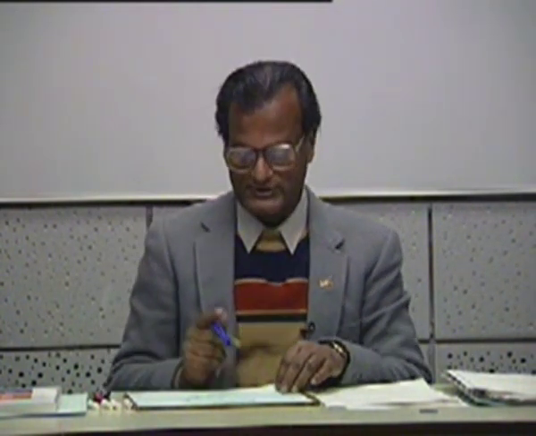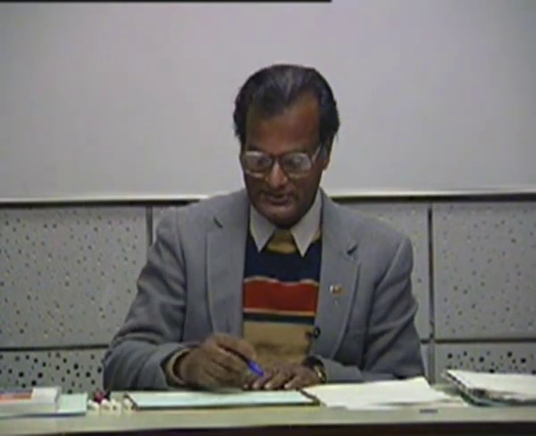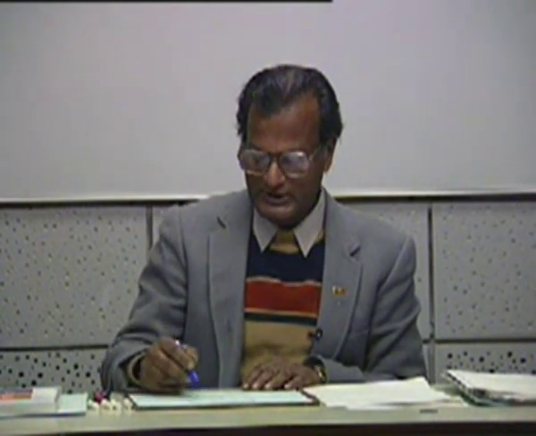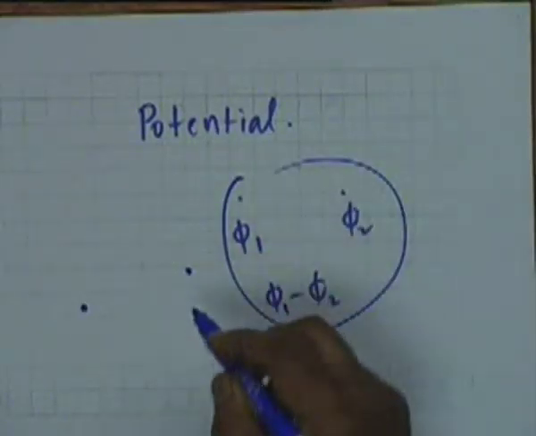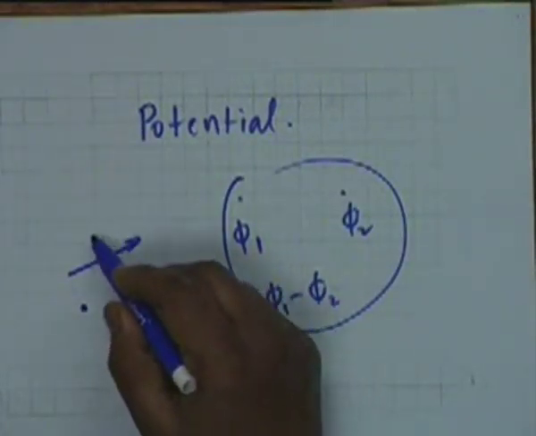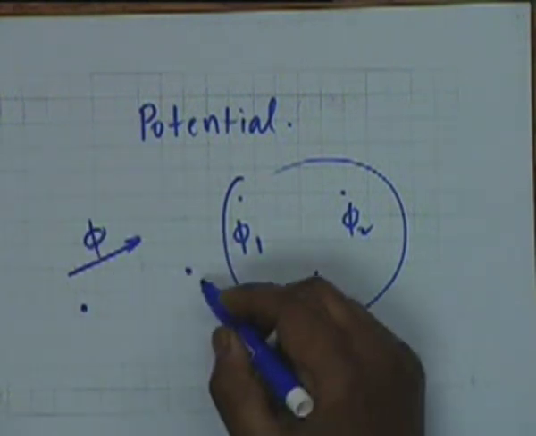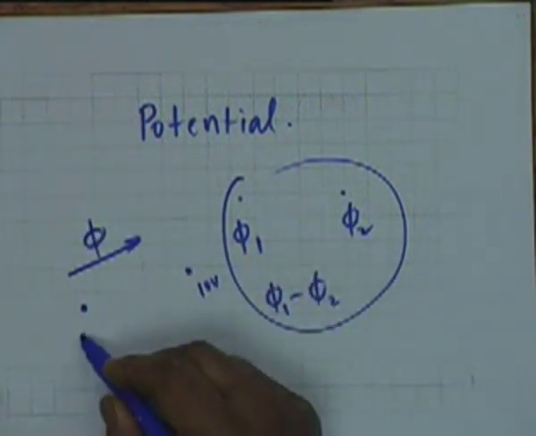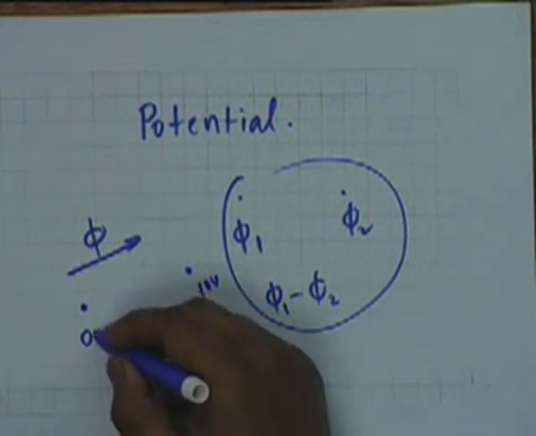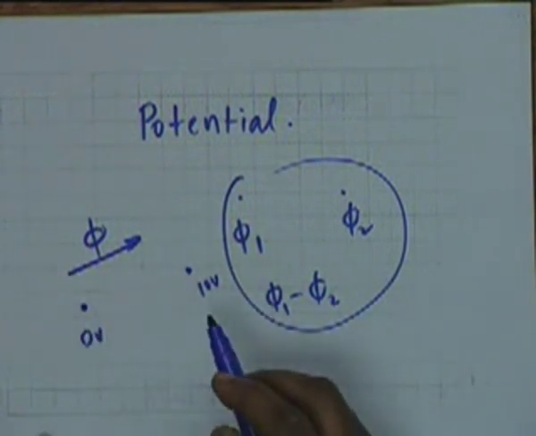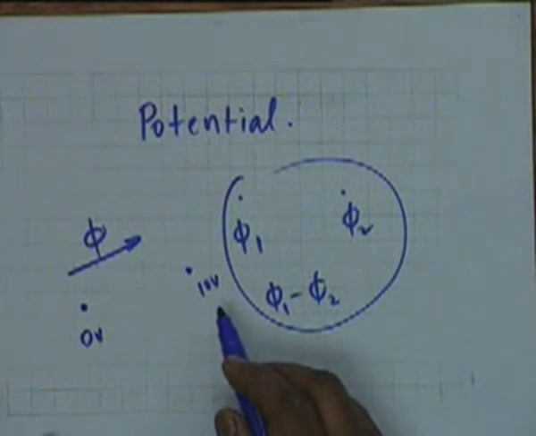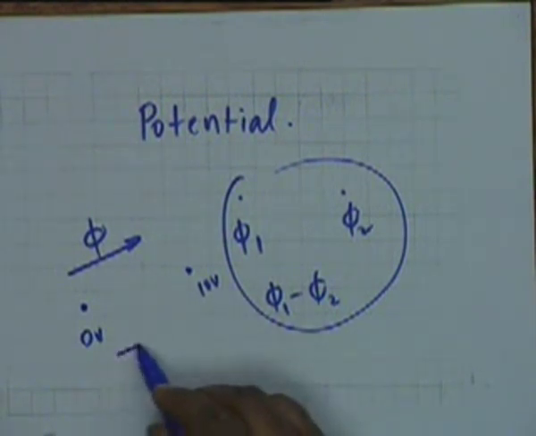This must be understood. It should also be understood that if potential increases in this direction phi, let us say this is 10 volt and this is 0 volt, potential is also expressed in volts. This is the reference, and if potential increases in this direction, then the electric field direction is in the opposite direction.